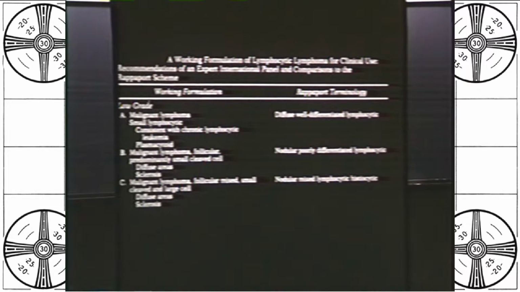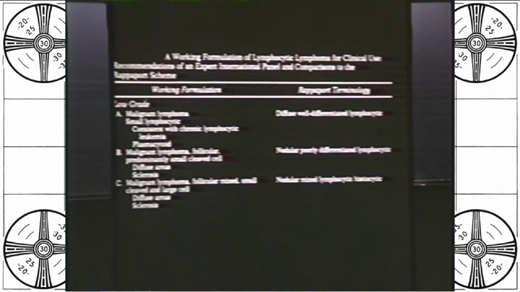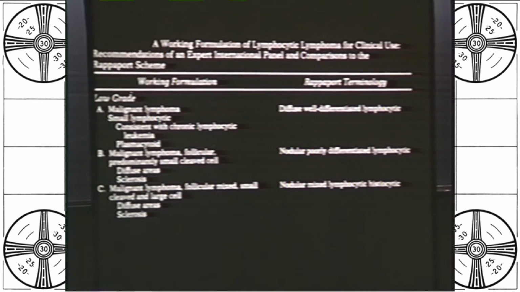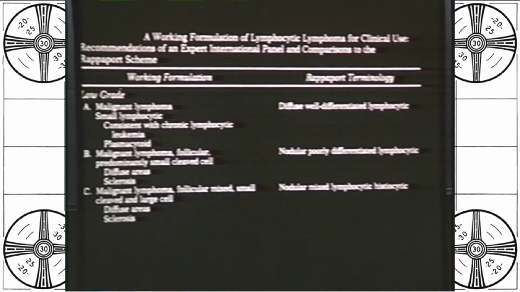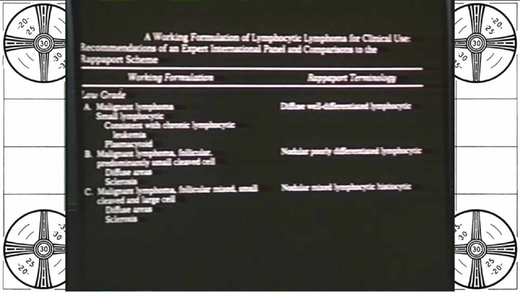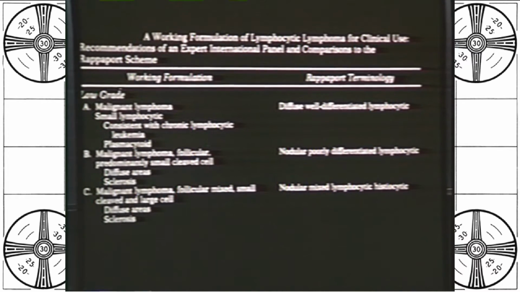There were so many classifications of lymphoma, some European, some American, that people were not speaking the same language. So a group of experts sat down and reviewed, I don't know, 15 or 20,000 cases, and decided to lump them into 3 categories called low grade, intermediate grade, and high grade, and try to make people speak the same language. And they did.